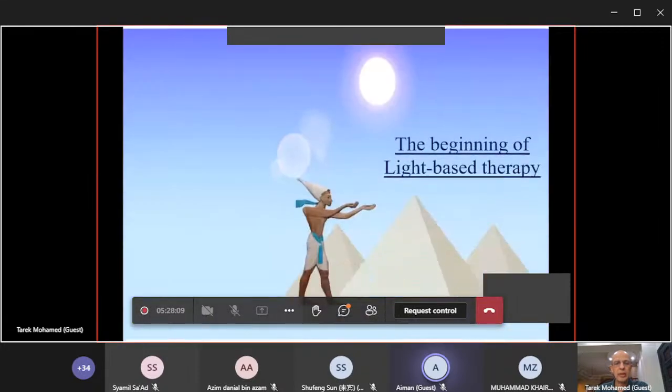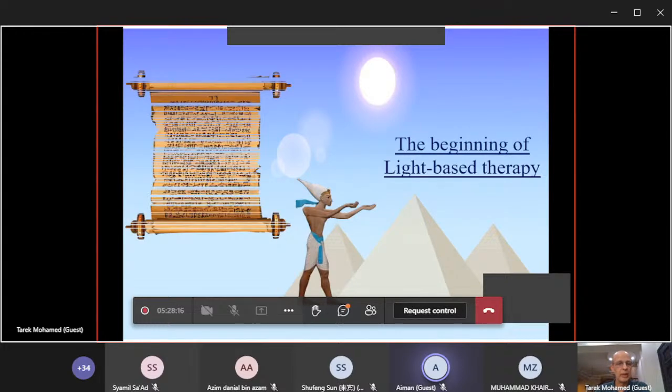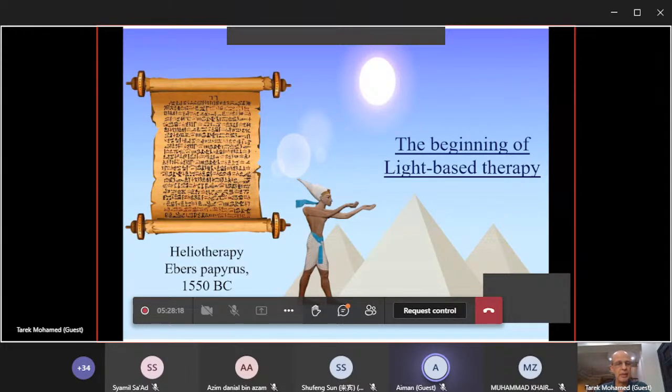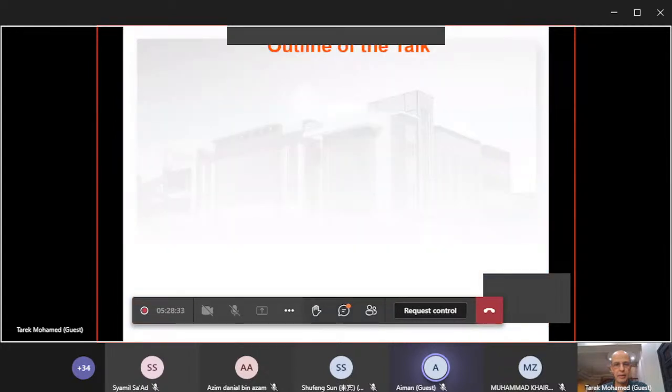Also, the beginning of light-based therapy was by ancient Egyptian people around 1500 BC, and we found this in the papyrus. They used light-based therapy tools, such as sunlight.